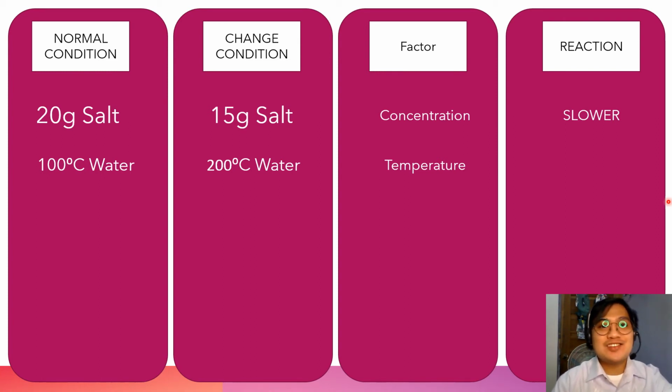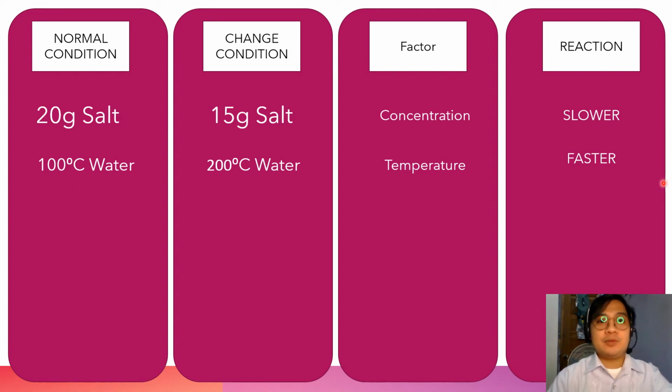Write your answer now. The answer for this example is, of course, faster because there is an increase of temperature. When there is an increase of temperature, there is also an increase of the chemical reaction rate.